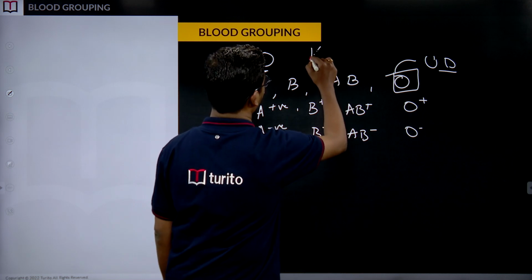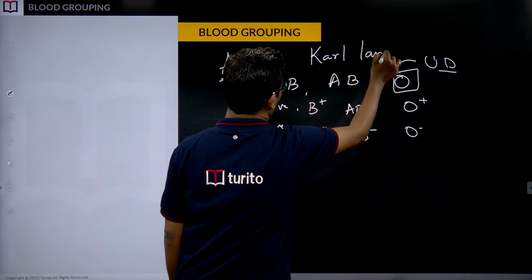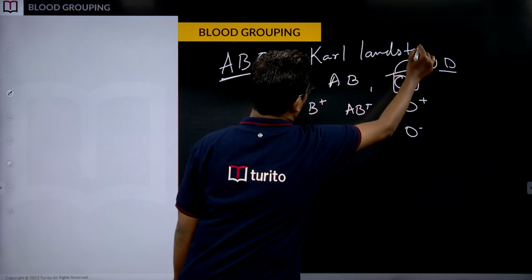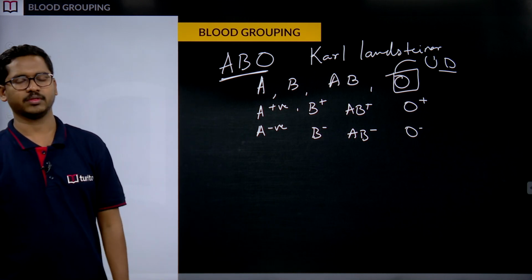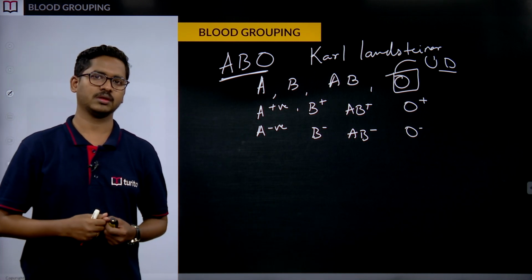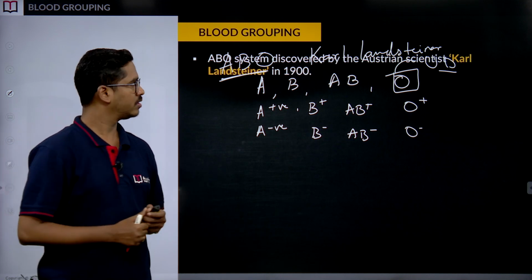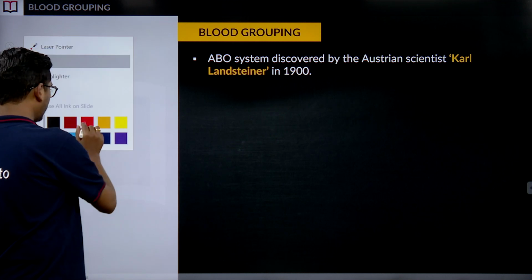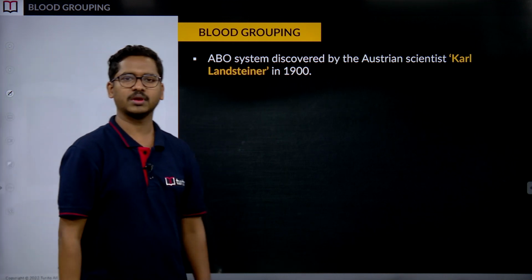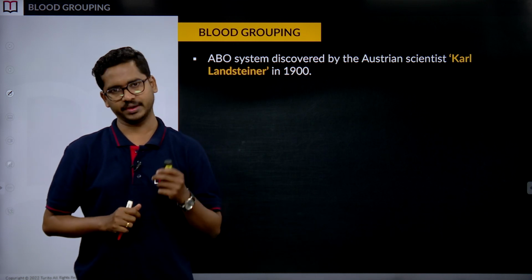I see many of you are dropping in the name Carl Landsteiner, or Landsteiner, depending on the pronunciation. So, he was the person who started it. We have to thank him in a way for helping us understand about blood.